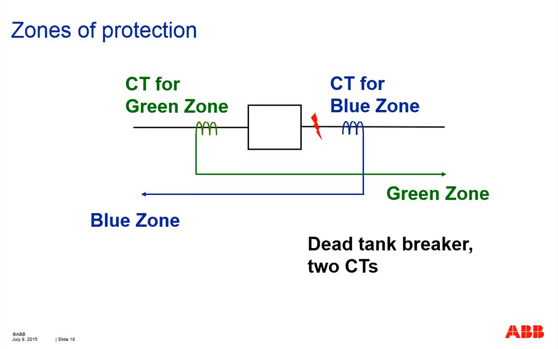Correct? But really, if you think about it, if the breaker is open, it's unnecessary for the blue zone to operate. The blue zone could have continued in service without being disturbed by this fault. The green zone operating with the open breaker clears the fault.